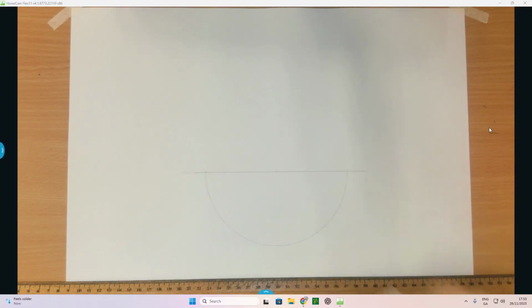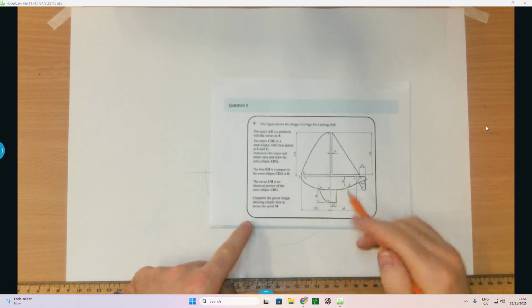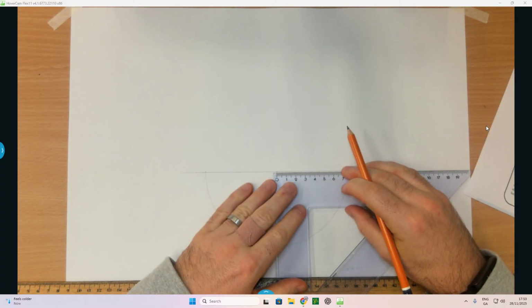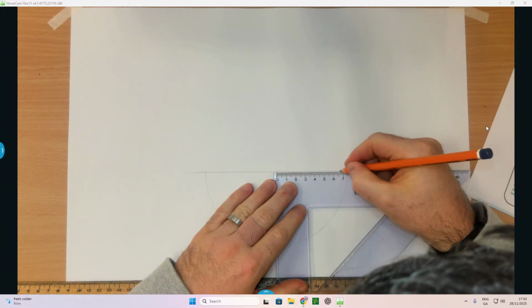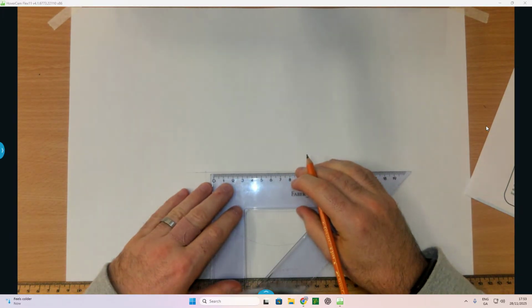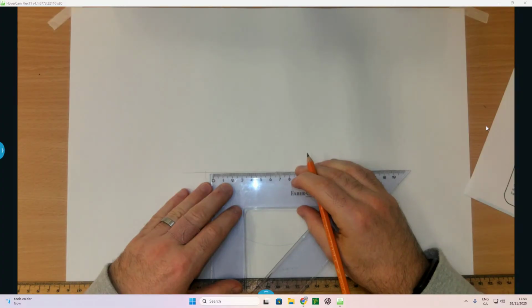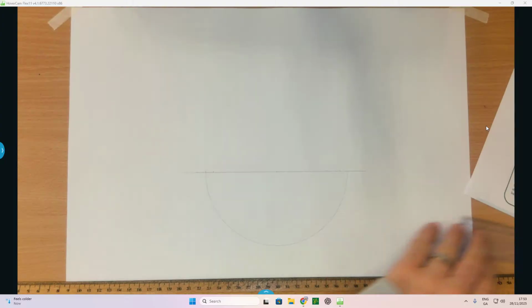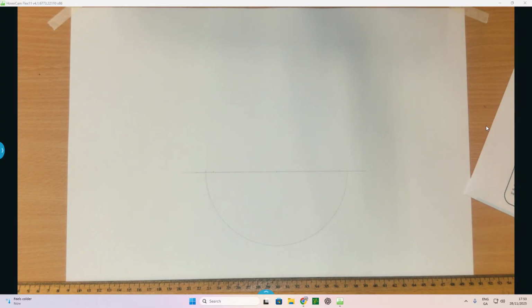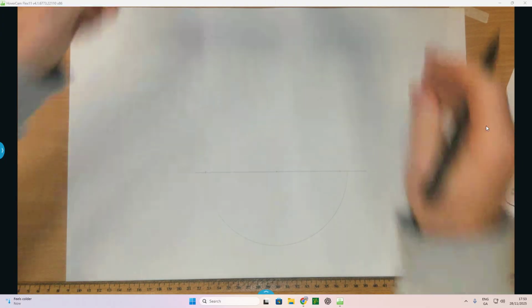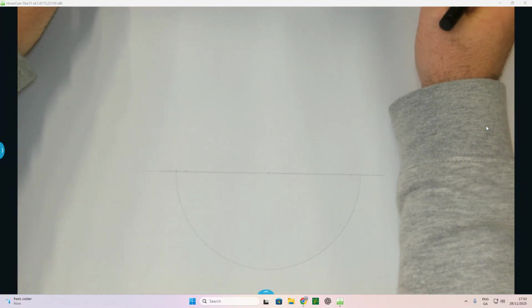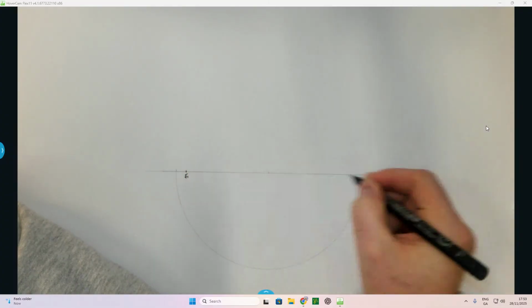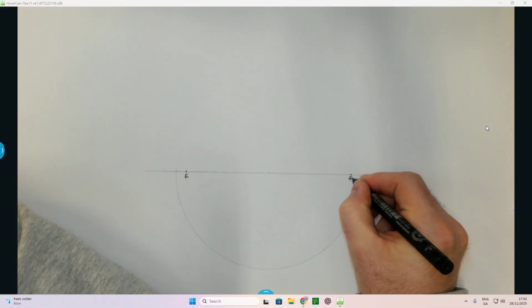Now, from the center, it's a distance of 67 to either focal point. So if I measure 67 to the right and 67 to the left, I have now found both of my focal points. I usually like to identify and label them, so I'll zoom in a little so it stands out. This one is F1 and this one is F2.